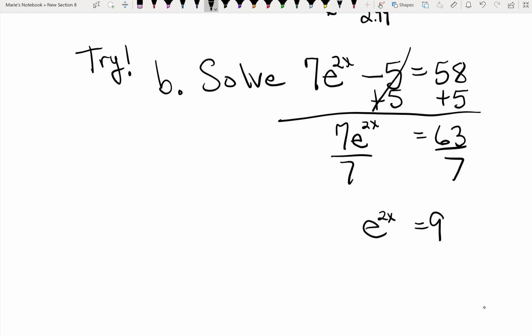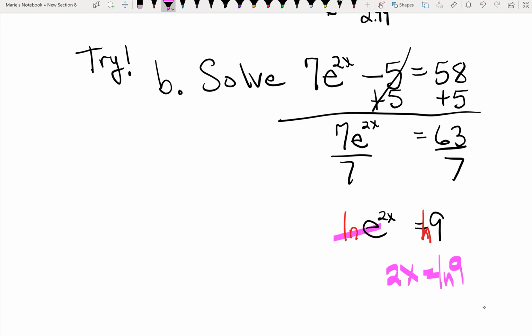equal to 9. Again, the trick to this one is place natural log in front of both. Once again, remember, natural log and natural base e will cancel. That leaves you with 2x is equal to natural log of 9.